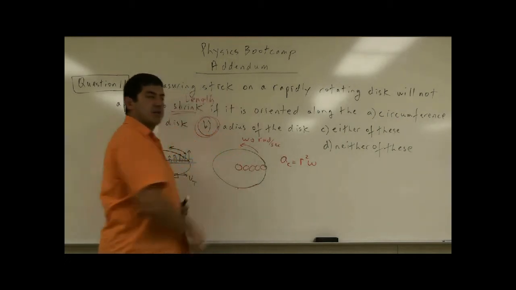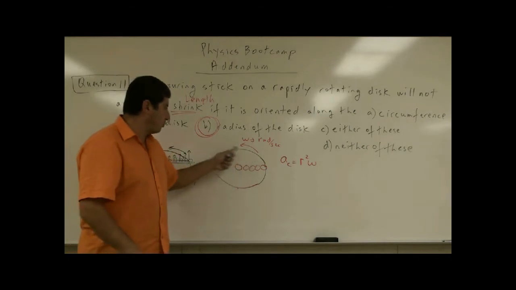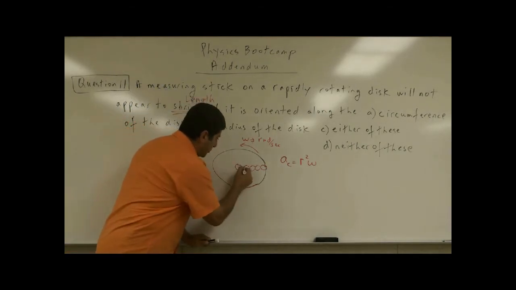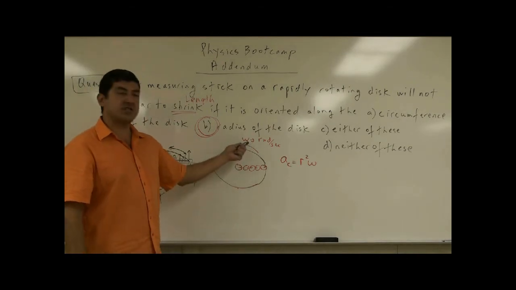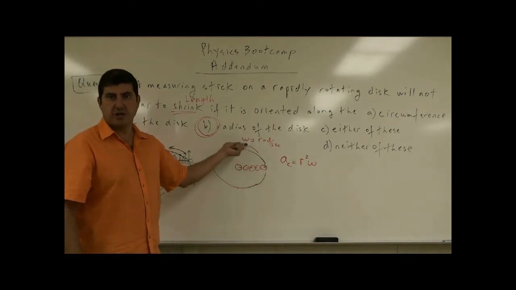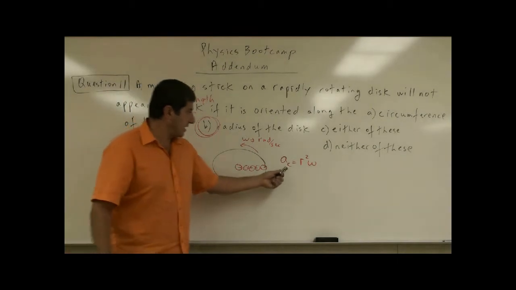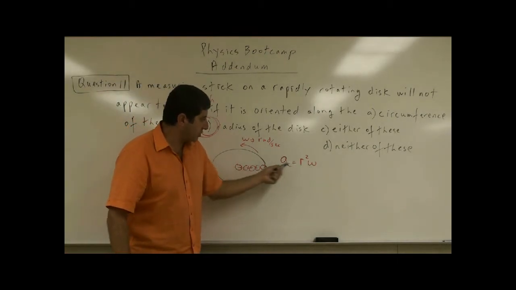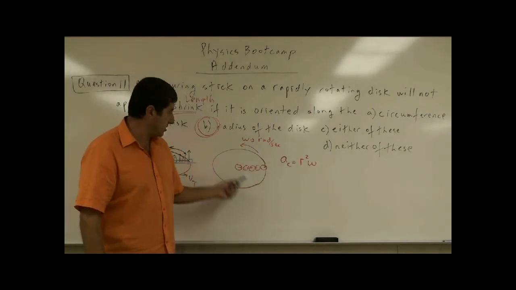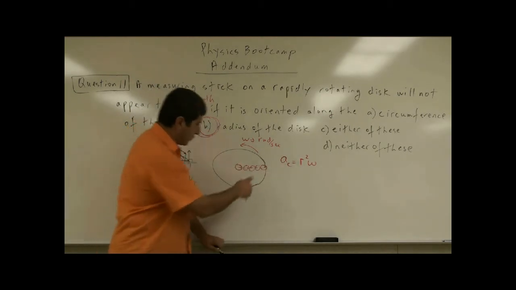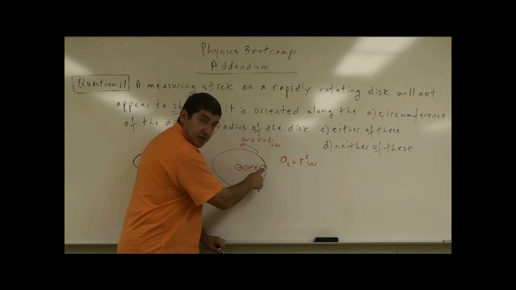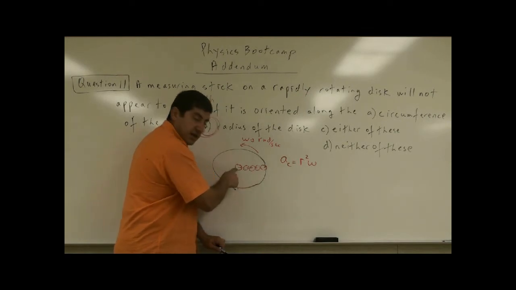When you have a solid rotating object, all points of the object, no matter how far they are from the center, are rotating with the same omega. So if they have the same rate of rotation, which one has the greater acceleration? The farther away you are, the more the acceleration. Therefore, clocks over here will run slower than clocks at the center.